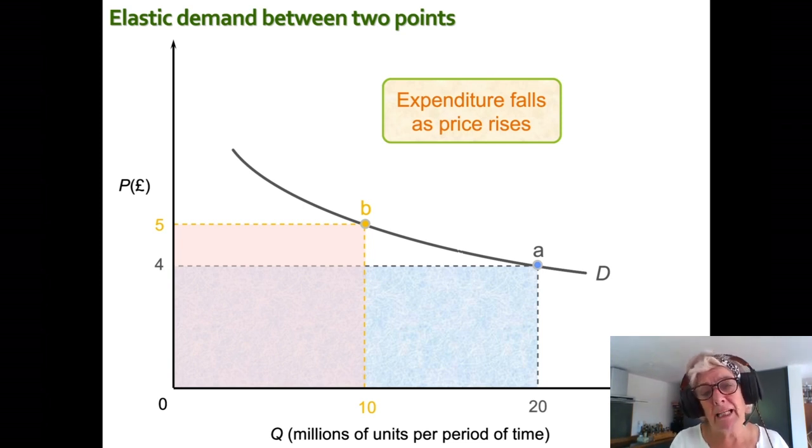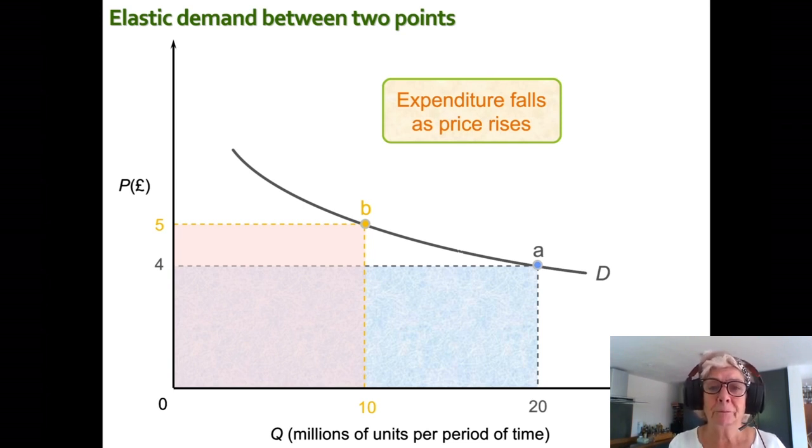What's happened here is that although we've put the price up, because demand is so elastic, it has fallen by such a large amount that the business revenue has fallen. The price has only gone up by £1, but it's caused a 50% fall in demand. The demand's gone from 20 million units down to 10 million units, and this in turn has caused a fall in business revenue or total consumer spending.